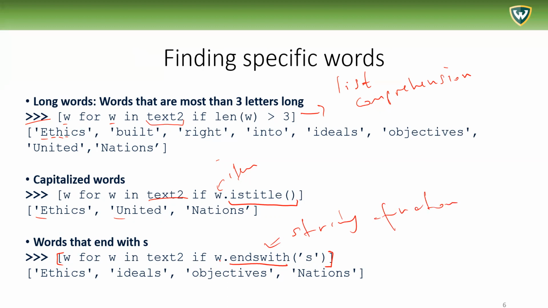Notice that W is a string, so this function can apply to it. If we had a list here, if we had text2 here, dot, I don't think it would work. And you can put any item here: ends with T, ends with period, ends with S, ends with M, and so on, as the argument.